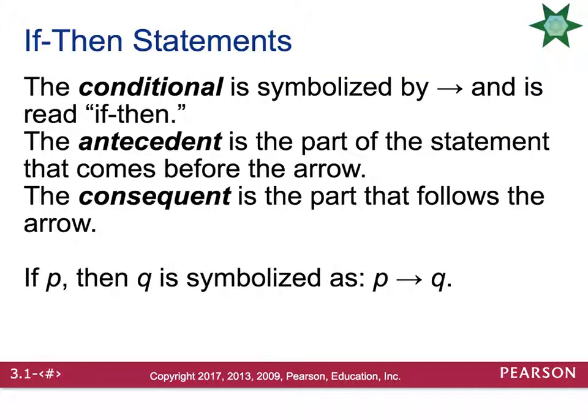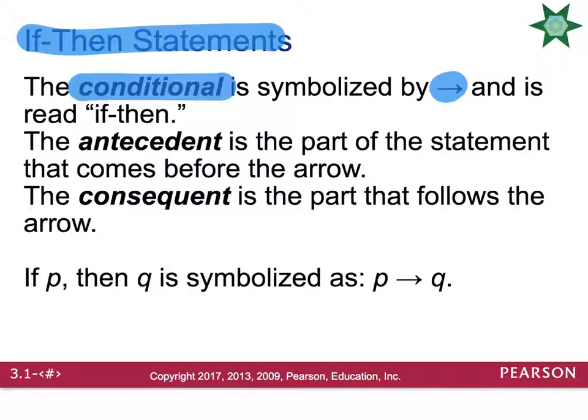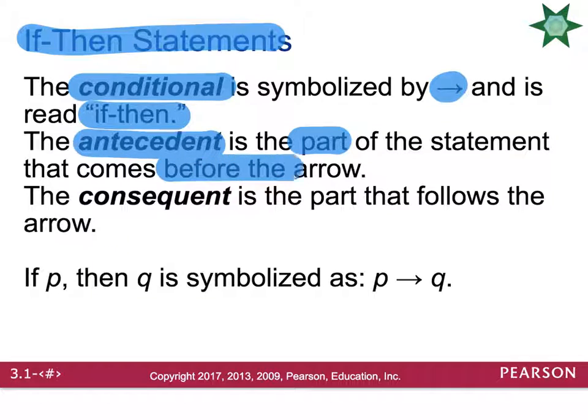Okay. Let's talk about some if-then statements. The conditional is a symbol that's this arrow going to the right, and that's read as if-then. The part that comes before that is called the antecedent, so it is the part of the statement before the arrow. And the consequent is the part that follows the arrow.